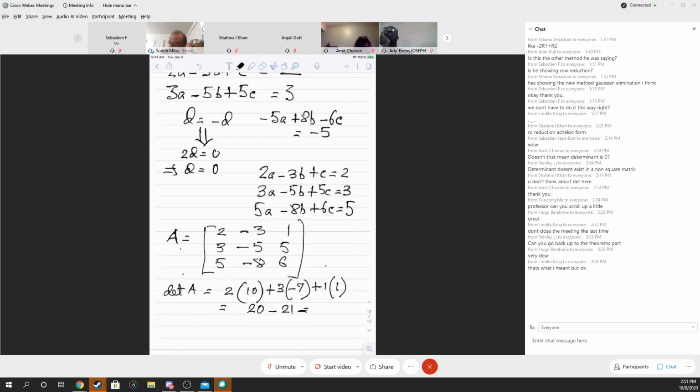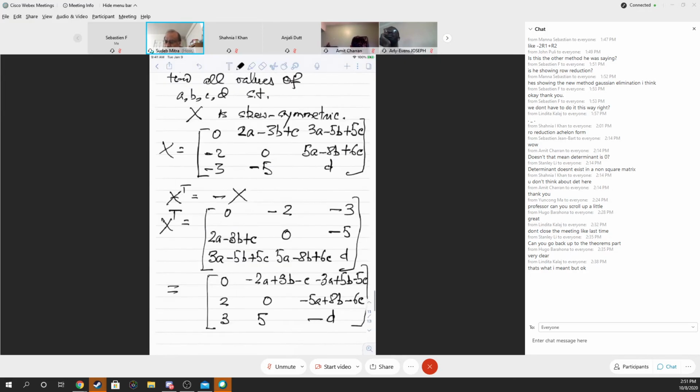Huh? Oh my goodness, determinant is 0, so you cannot solve. Did I get the right numbers? No, then you cannot solve. So something is wrong somewhere.